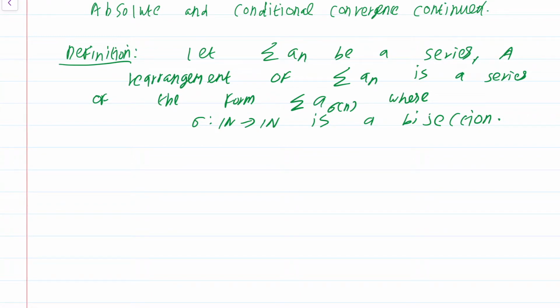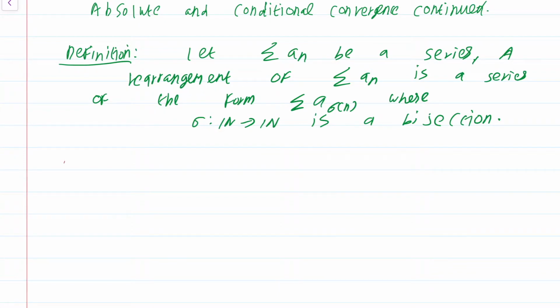Now I am going to prove that this pathology, that when you rearrange a series you get a different series, cannot happen when you consider absolutely convergent series.